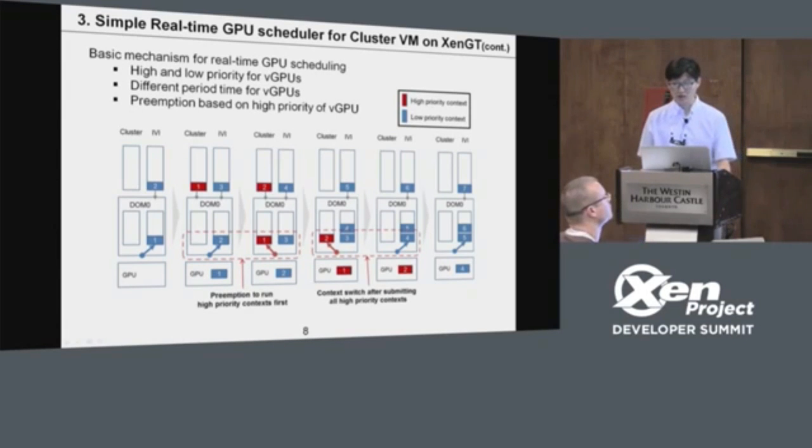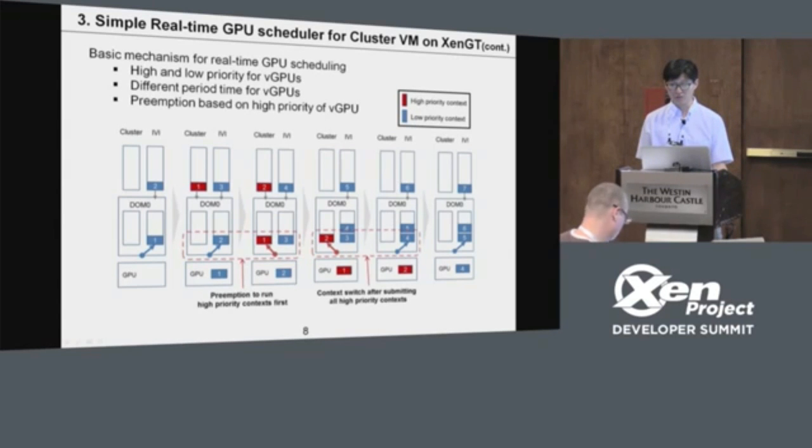If the driver's cluster sends the first red GPU context, which has high priority, to the VGT driver, the VGT driver calls a context switch between cluster and IVI, even though the third low priority blue context comes earlier than the red second context.